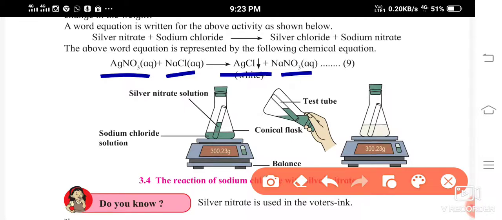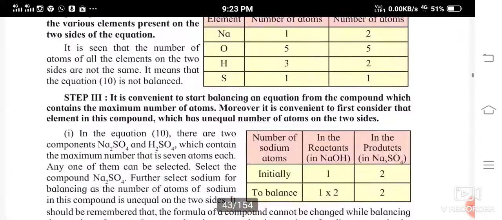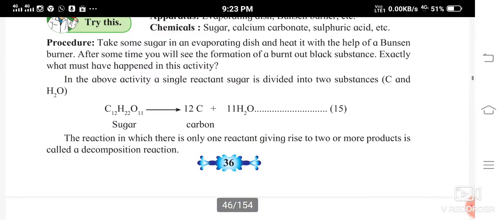I told you over there that in silver nitrate, silver is displaced by sodium, and here sodium is displaced by silver, right? So two times displacement has taken place.